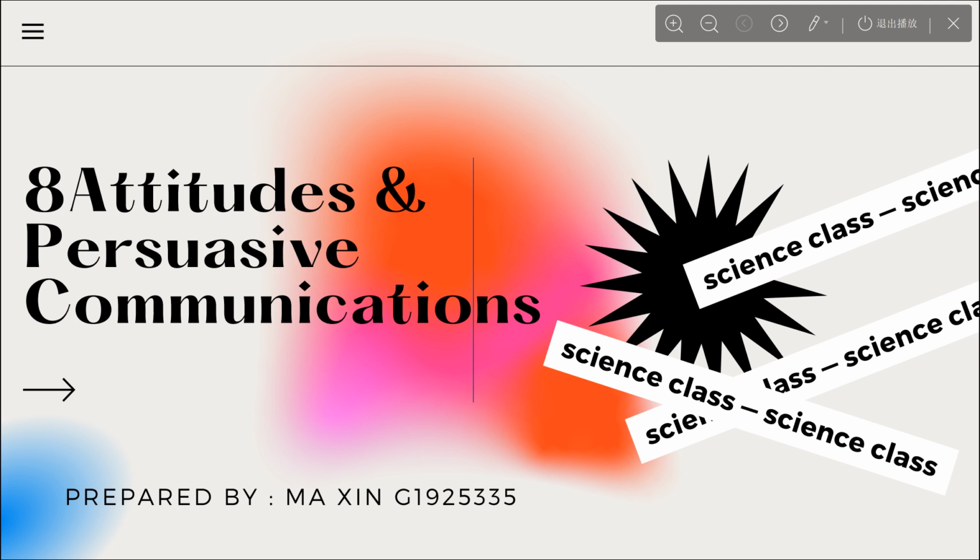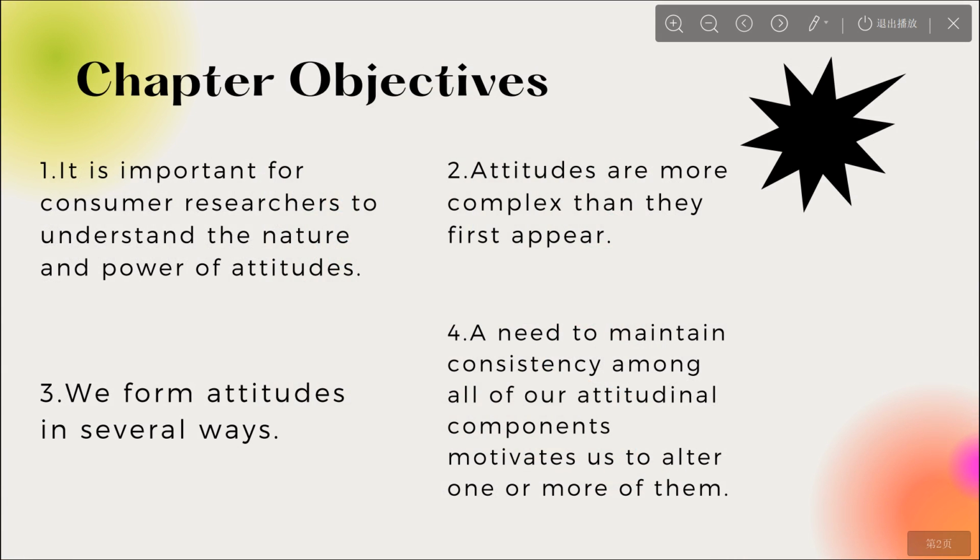Number one, attention: one must first get the intended audience to listen to what one has to say. Number two, comprehension: the intended audience must understand the argument or message presented.